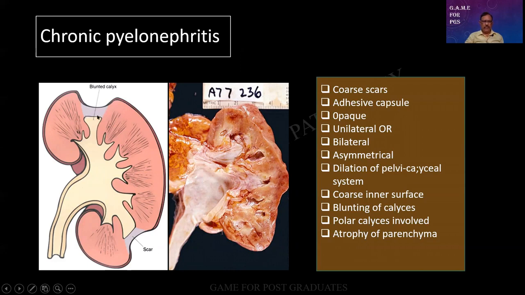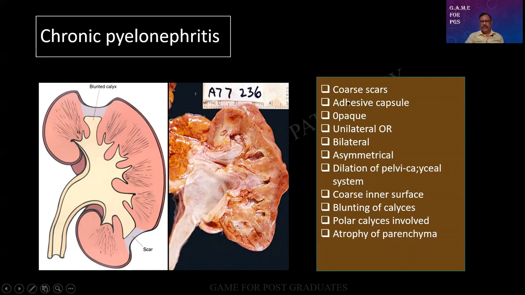And because of this, there can be an impingement, there can be an inflammation, as a result of which there is a scarring. Therefore, whenever we give a bit from a kidney, we are supposed to sample the poles of the kidney, which is mandatory. Secondly, you find that the entire kidney will not be uniformly affected, as a result of which there can be coarse, irregular scars.